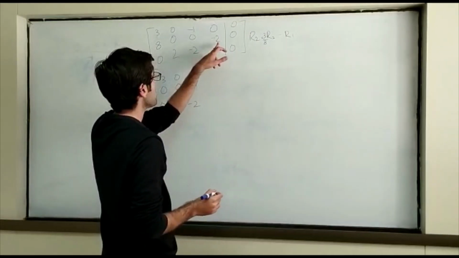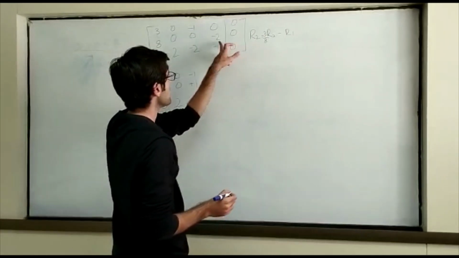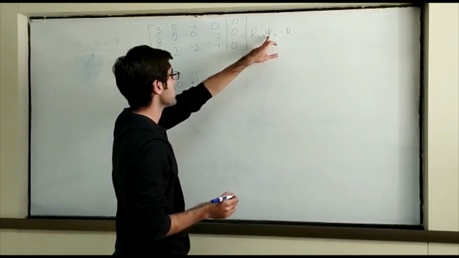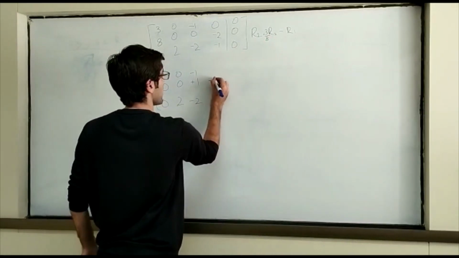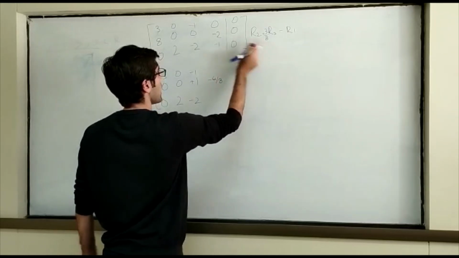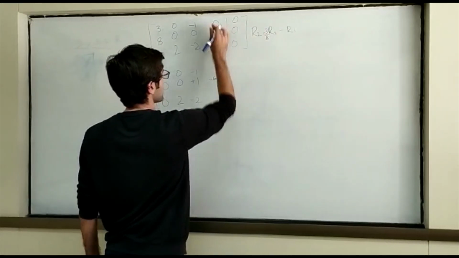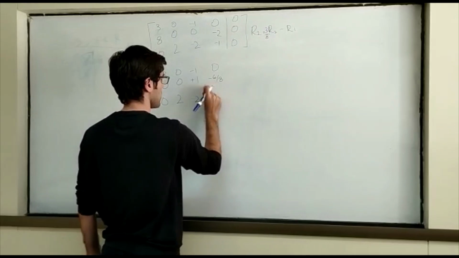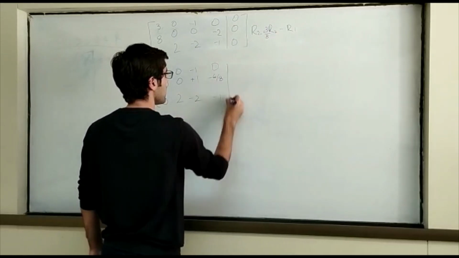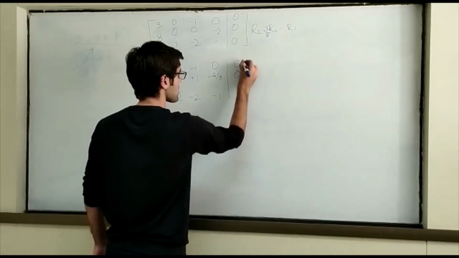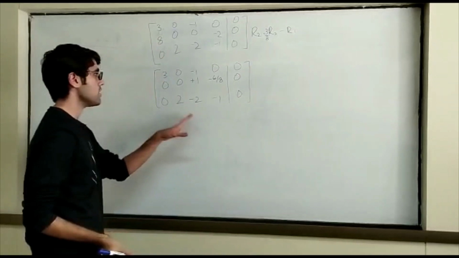Then we have 0, minus 2. Now minus 2 is a R2 value, so we'll multiply by 3 upon 8, which is minus 6 upon 8, and it's minus by R1, which is 0 over here, so it will be minus 6 upon 8.